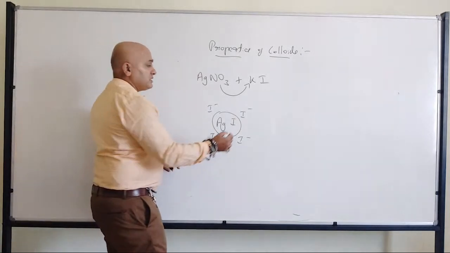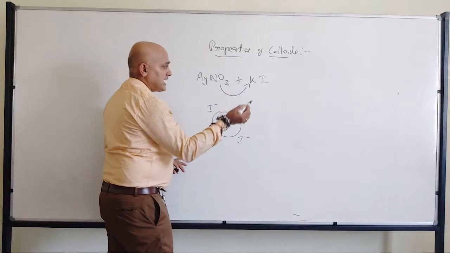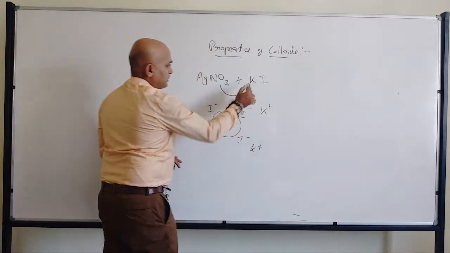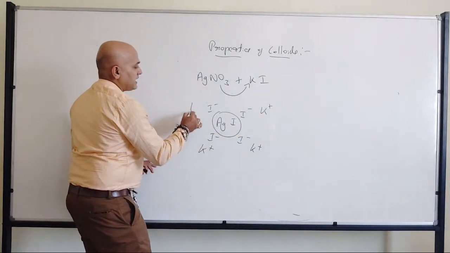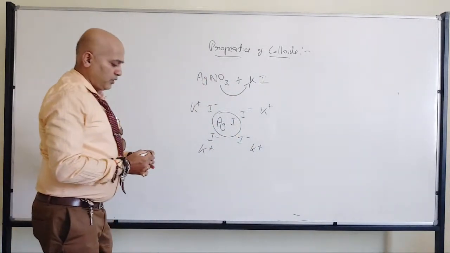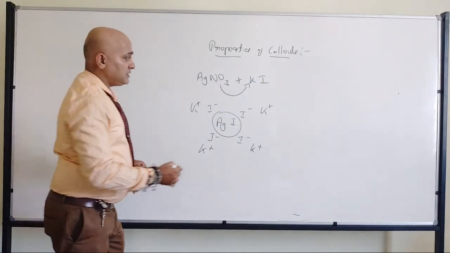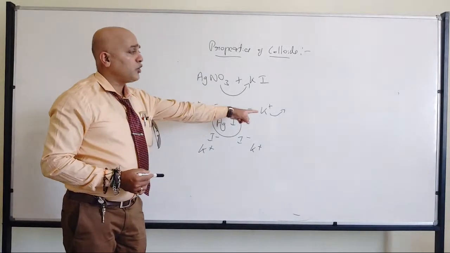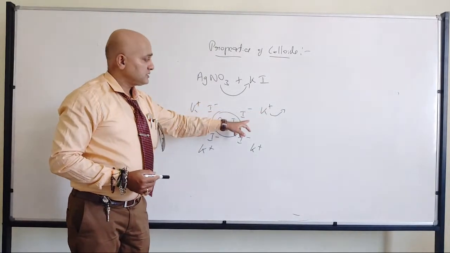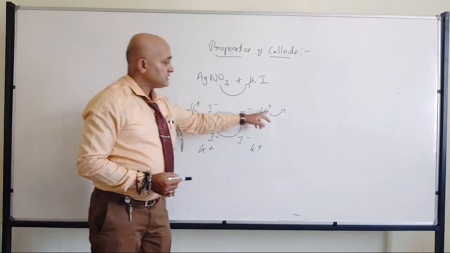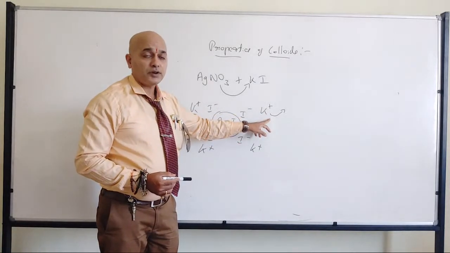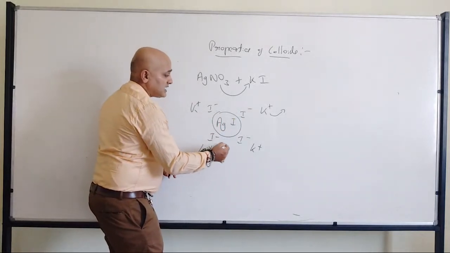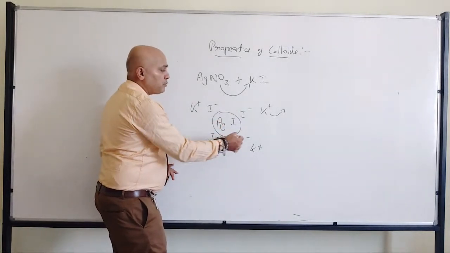Now this negative charge will again be bound by the counter ions, that is potassium, which is present in excess. This is the surface charge and this is the counter ion. Whatever iodide is there is static; it will not move here and there.